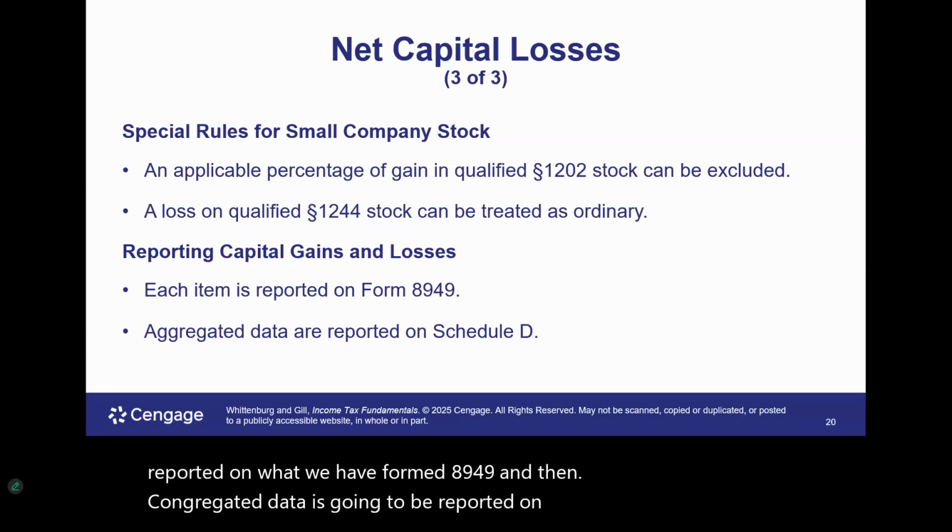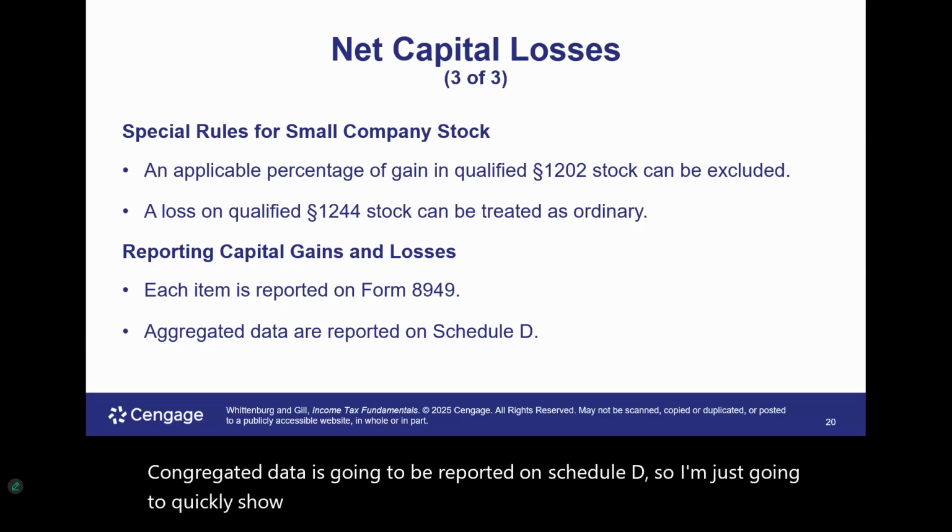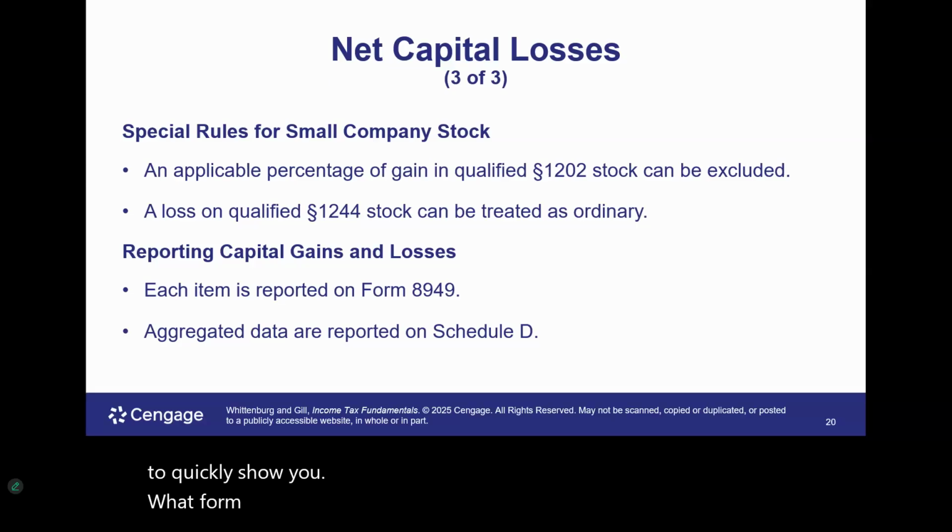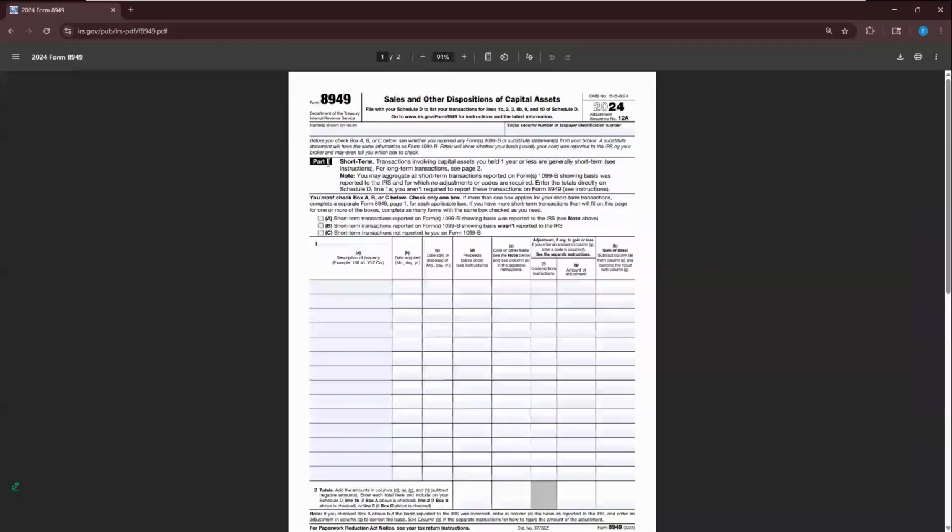So I'm just going to quickly show you what Form 8949 looks like. All right, so Form 8949, this is it. Sales and other dispositions of capital assets.